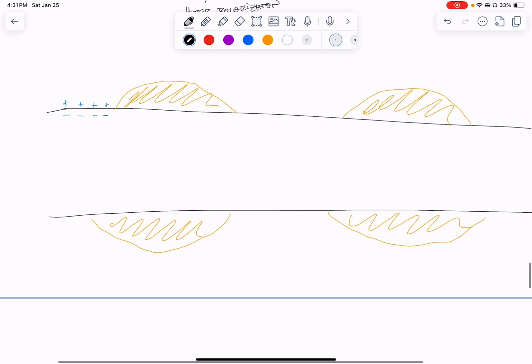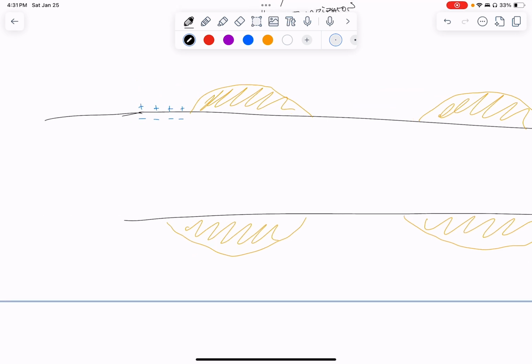So here, I'm going to add a little. This is our sodium channel, sodium voltage-gated channel, and we're going to have another sodium voltage-gated channel here.